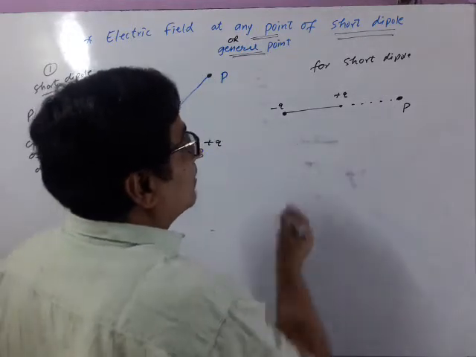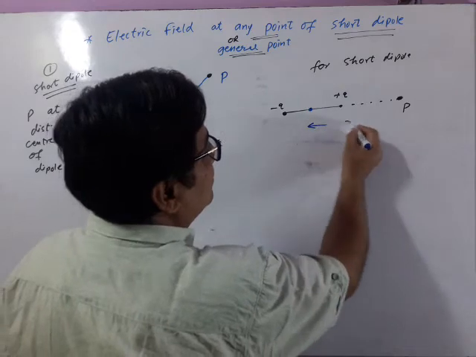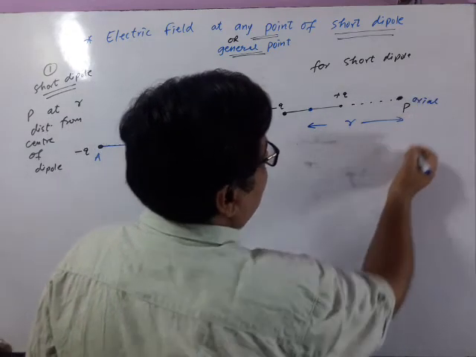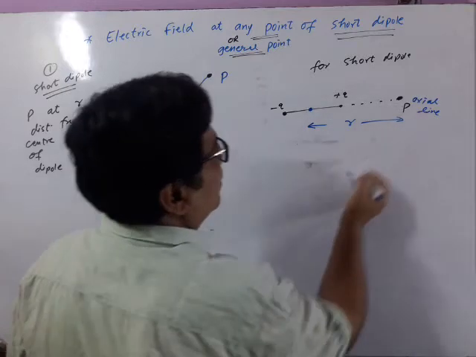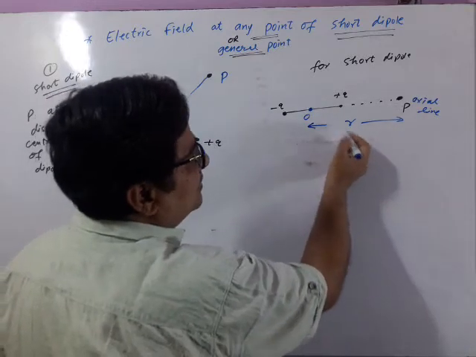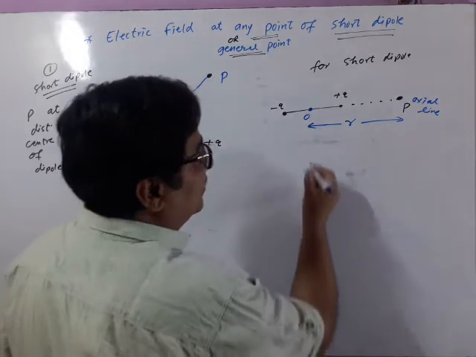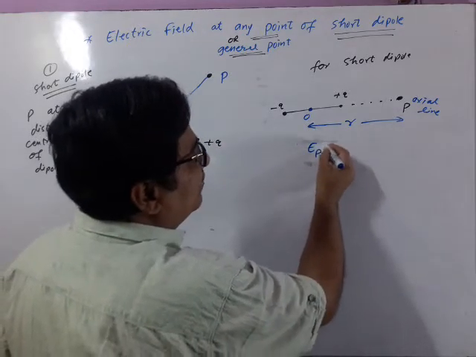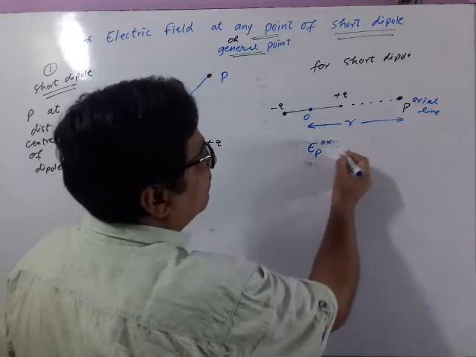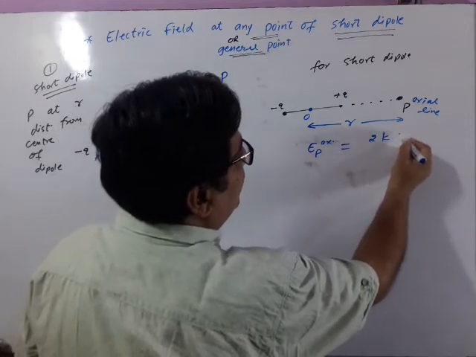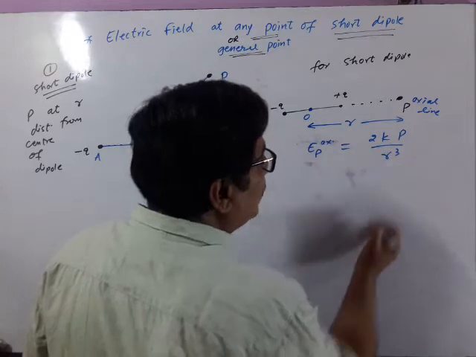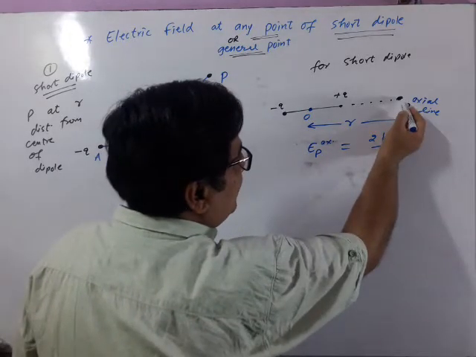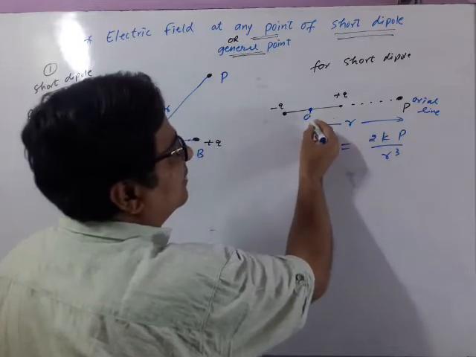What is the electric field at a distance r on the axial line from the center of the dipole? The magnitude of the electric field at any point P on the axis of the dipole is given by the formula 2kp by r cube, where r is the distance of the axial point from the center of the dipole.